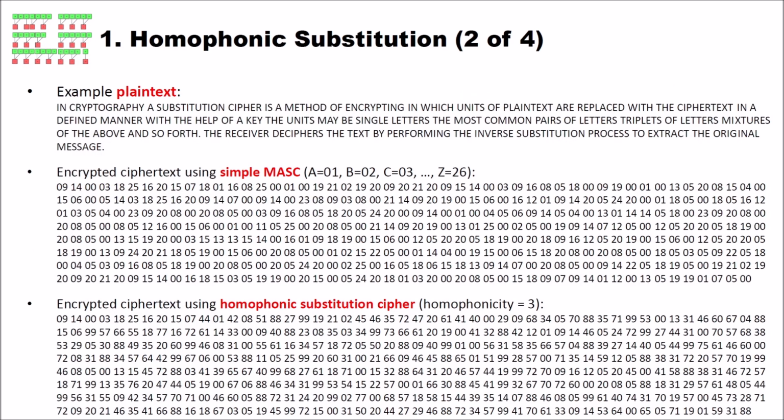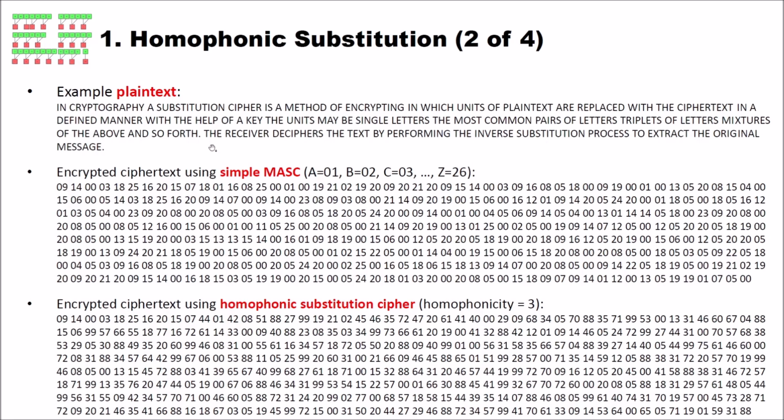Now let's have a look at two examples. I have an example plaintext here in cryptography, a substitution cipher, and so on. So this is an English plaintext. And we encrypted it 2 times, first with a simple monoalphabetic substitution cipher, where we assigned the A to 01, B to 02, and so on. So Z, the last letter in our alphabet, is 26.